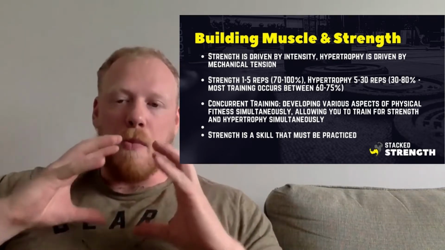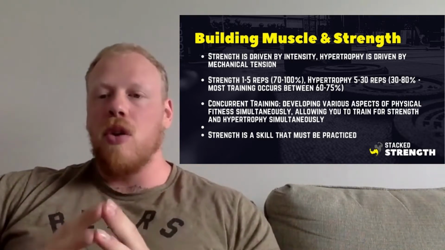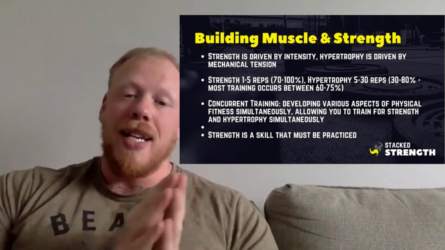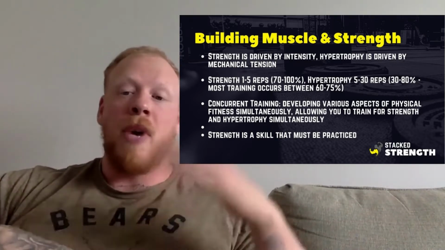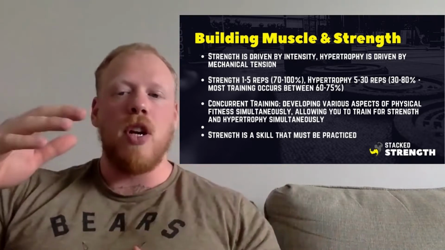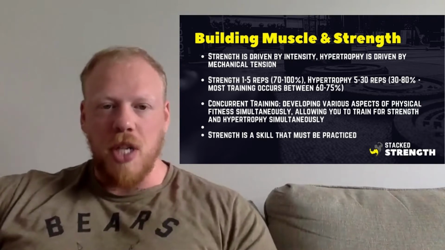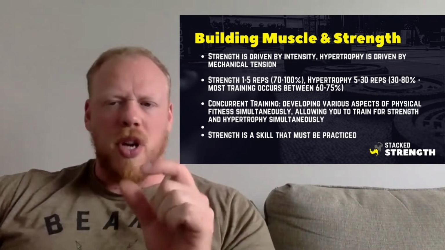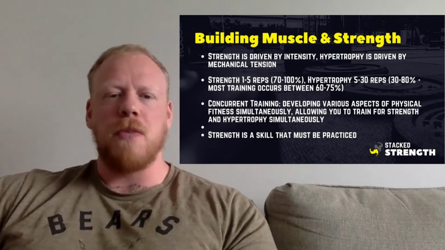That's where the bulk of your training is actually going to occur. However, there is a very good argument for incorporating intensities higher than that as well as lower than that, and doing much higher repetitions and sometimes very low repetitions, like I said, within that 5 to 30 rep range and the 30 to 80% range. But generally speaking, your work is going to be about 60 to 75% for about 5 to 15 reps.